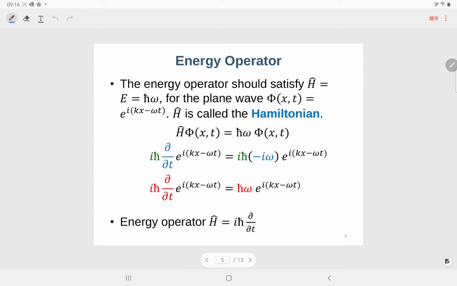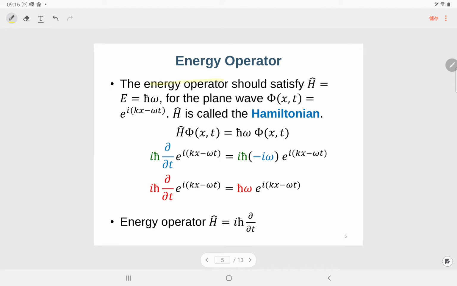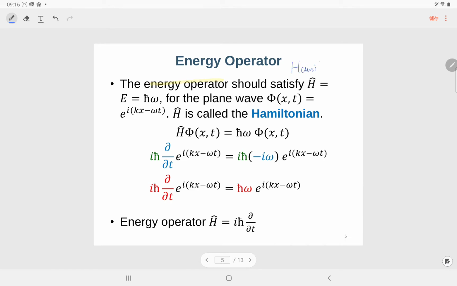And then next we define the energy operator. We call it the Hamiltonian. So we use h hat to represent the energy operator. We hope it will output h bar omega.